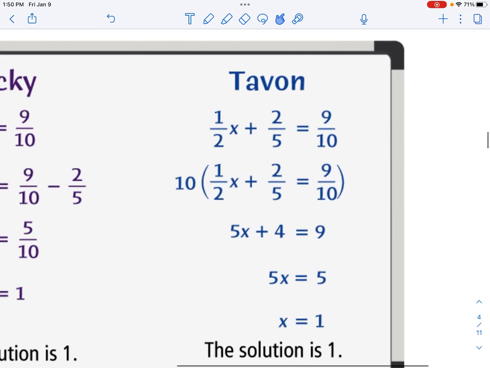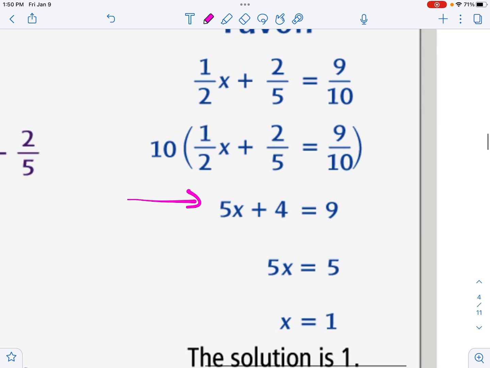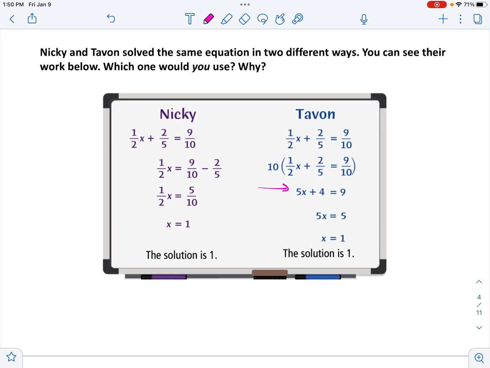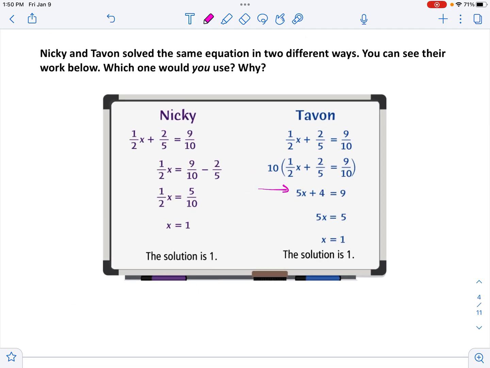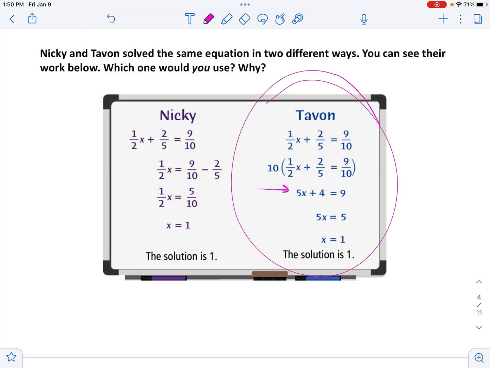This student here got rid of the denominators so there were no fractions by multiplying everything by 10. And then they ended up with this equation, which looks significantly easier. And then they solved and they still got 1. So probably a lot of you would prefer Tavan's method a little bit more.